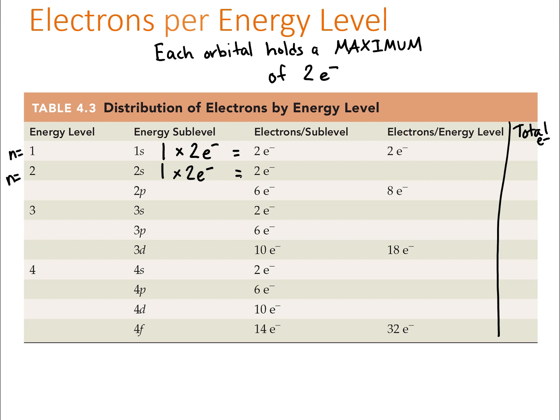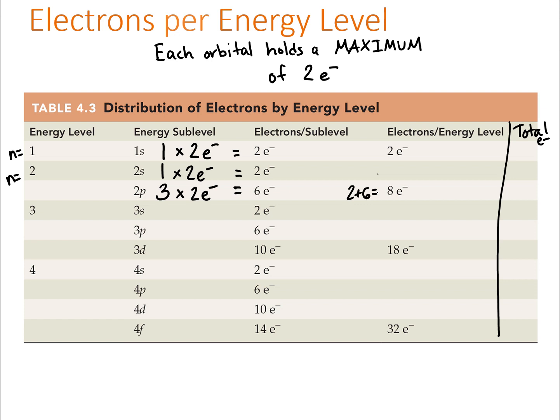Can only fit 2 cars. 2p, the p sublevel has 3 orbitals. If each of those holds 2 electrons, then we can get 6 electrons in the 2p. So the total that we can hold in the n equals 2 energy level would be 2 plus 6 for 8 electrons.